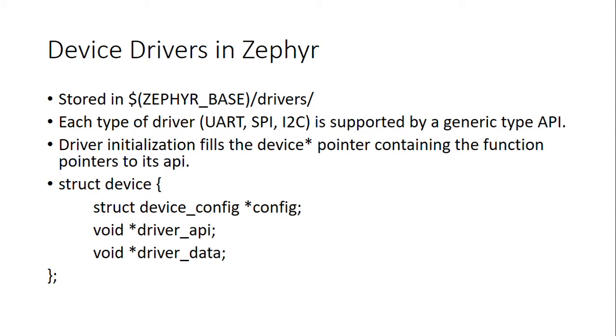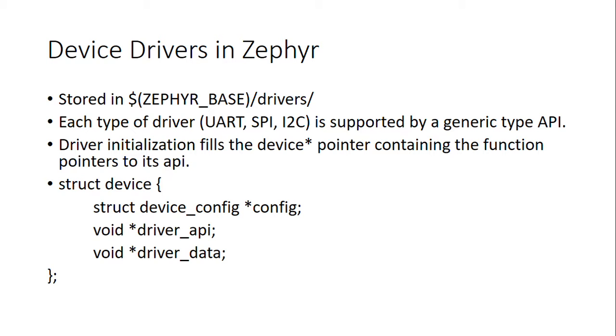This is the device structure, and it'll have a config, some APIs containing the functions, and then some driver data. So it'll create this device and just return us the pointer to this device so that we can use it.